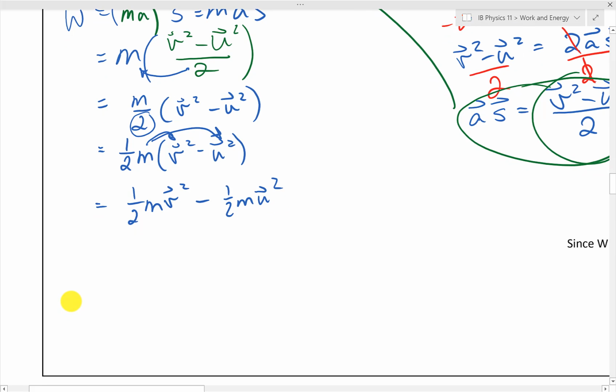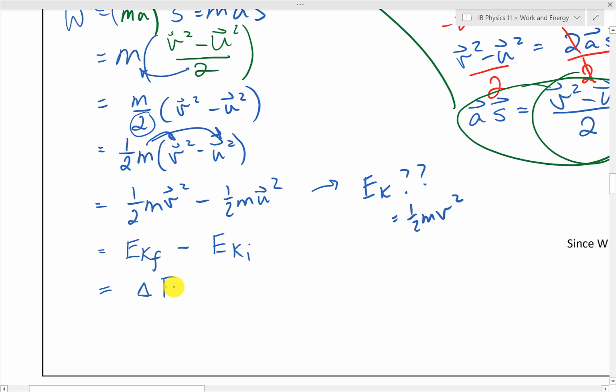Ooh, what do we have here? Where have we seen 1/2 m v, or 1/2 m any speed squared? Isn't that kinetic energy? And if we have 1/2 m v, final velocity squared, wouldn't that just be the final kinetic energy? And then this is u, which is initial velocity. That just means initial kinetic energy? And then if we take the difference between the final and the initial, isn't that just the change in kinetic energy?